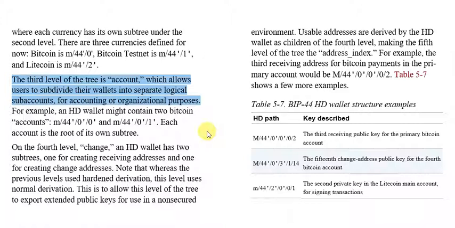Usable addresses are derived by the HD wallet as children of the fourth level, making the fifth level of the tree the address_index. For example, the third receiving address for Bitcoin payments in the primary account would be M/44'/0'/0'/0/2. Table 5-7 shows a few more examples.